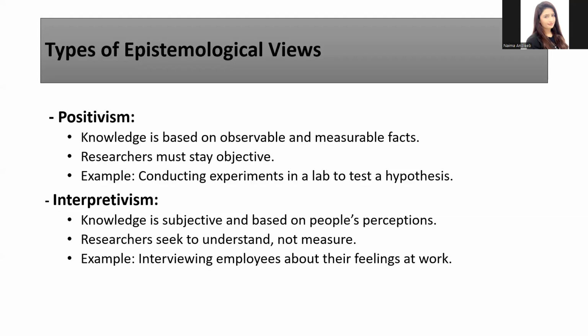The positivist approach is conducting the research while considering it a measurable fact, then designing the survey questionnaire and collecting the data through it. This positivism way collects data from the questionnaire and gets the answer while measuring these facts.